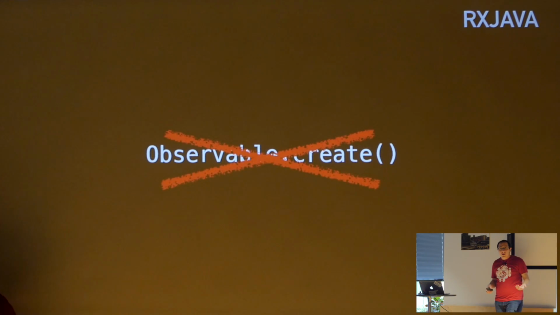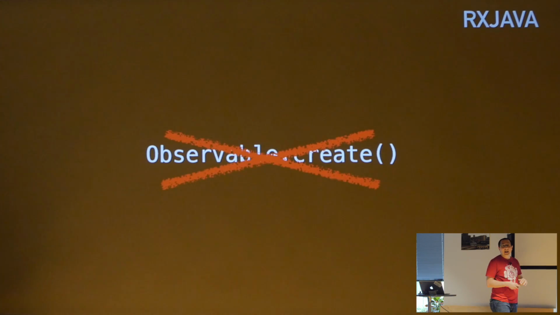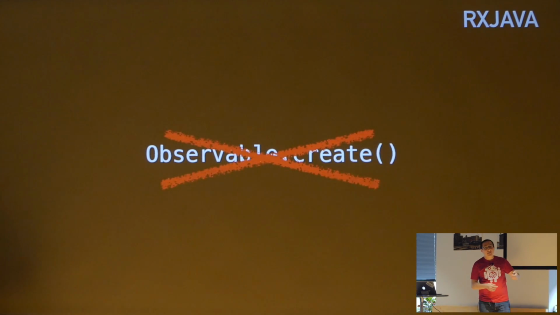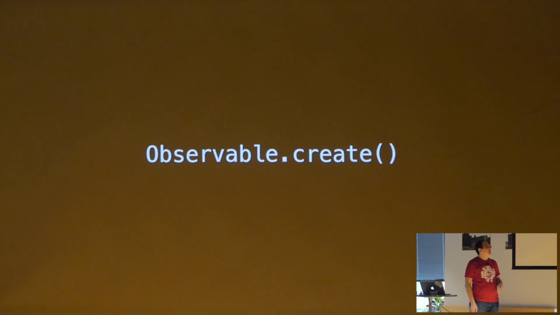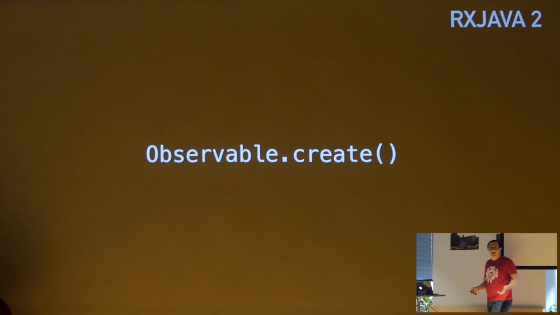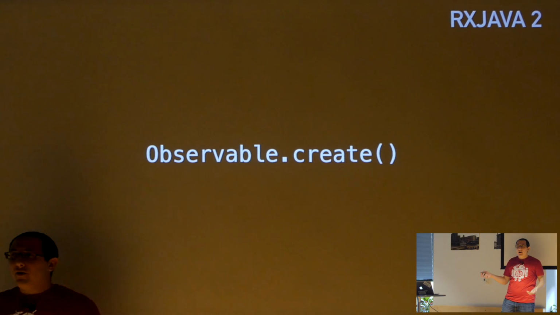Because we were told it was not safe for back pressure, so we were trying to do everything else but using this method here. Well, it looks like that's now safe. How is it even possible? I mean, it wasn't safe earlier, and now it's safe.